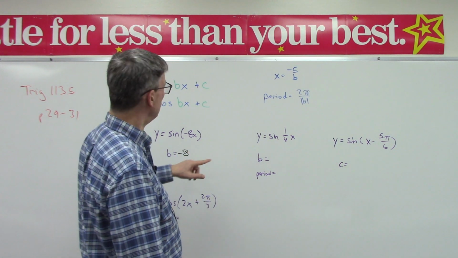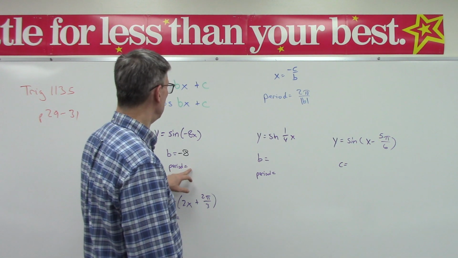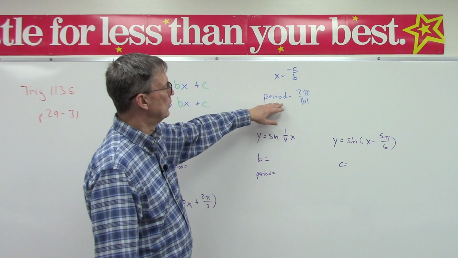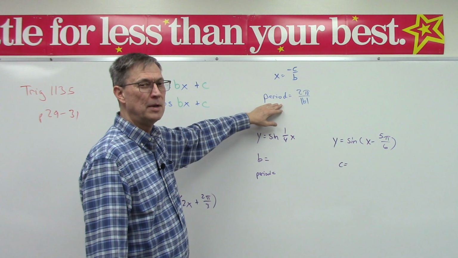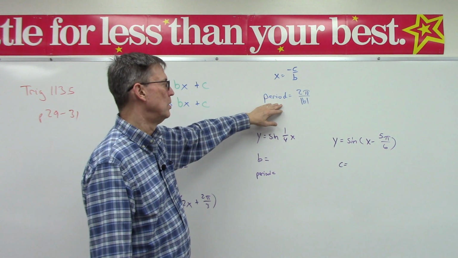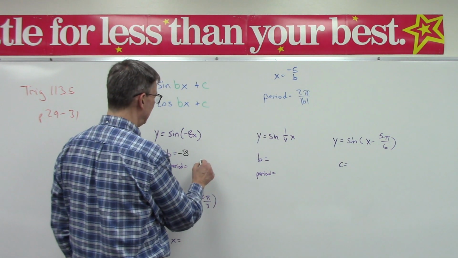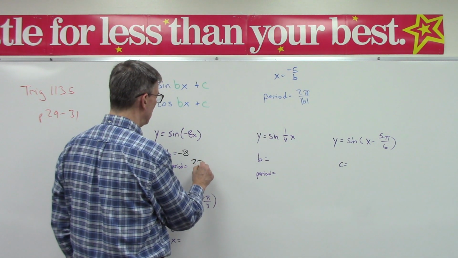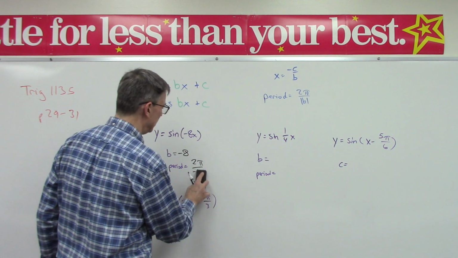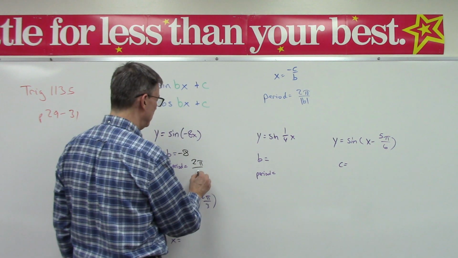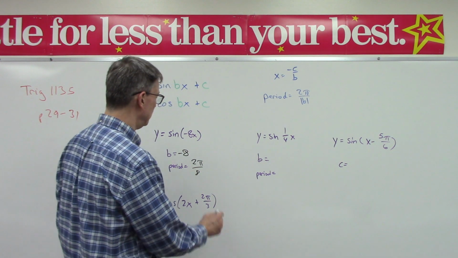Now we have to use that value to solve for the period. So that's where this equation here comes in, 2 pi divided by the absolute value of b. Well, b is negative 8, so it's 2 pi divided by the absolute value of negative 8, which is 8, and then you just reduce that to lowest terms.